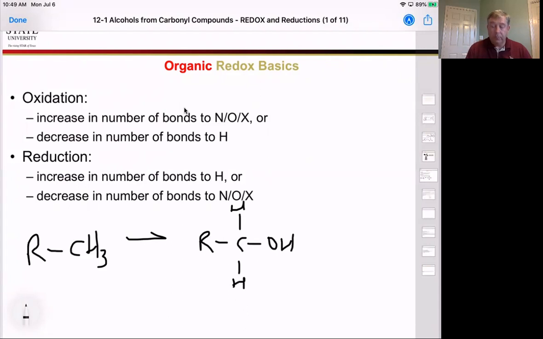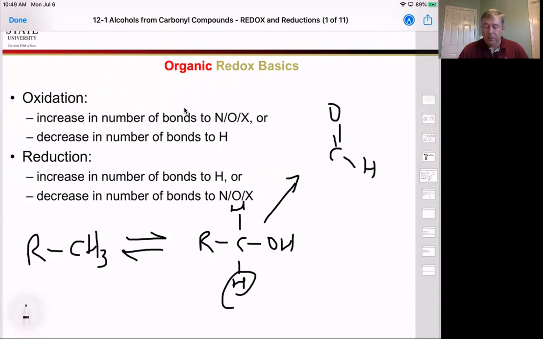We could also then reduce this and get it back from that primary alcohol down to that alkane. We can also increase our oxidation again by removing another one of our hydrogens, and in doing so, we would create another bond to oxygen. In this case, we're going to generate a carbonyl compound. We're still going to have that hydrogen on there and that R group on there. But again, we can go from this aldehyde functionality back to that primary alcohol in a reduction step.